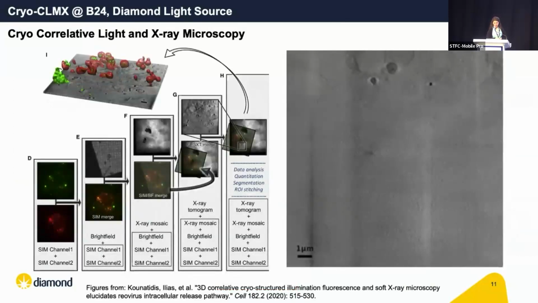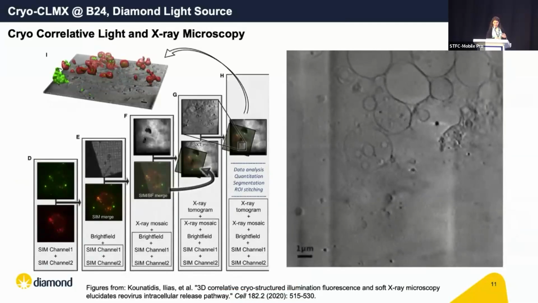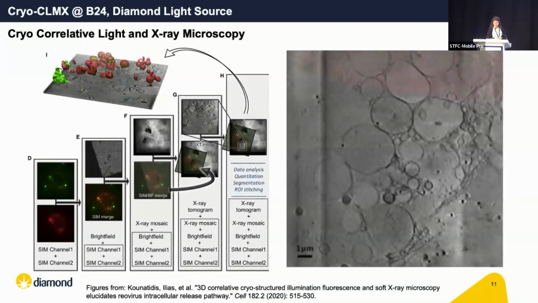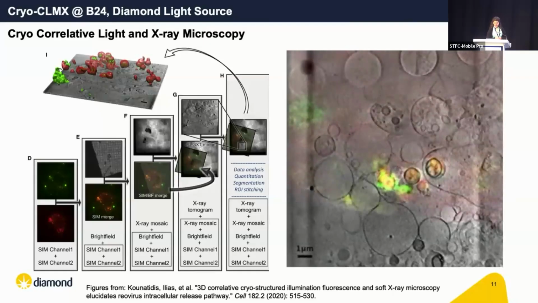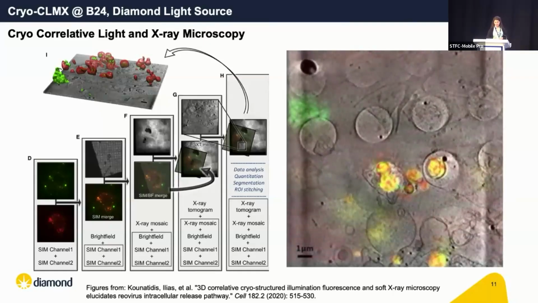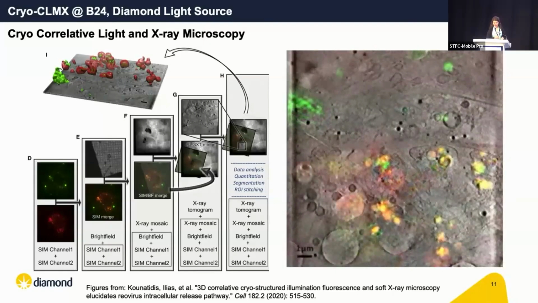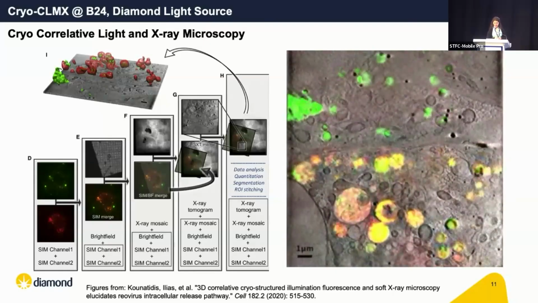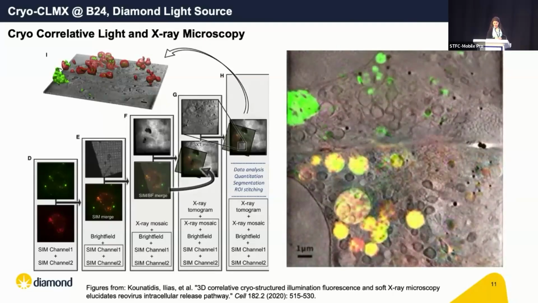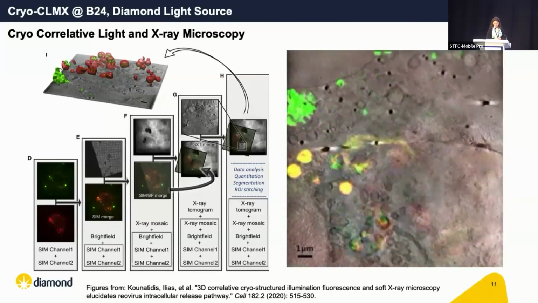Afterwards, we can provide support to users to perform the correlation between soft X-ray and the fluorescence data coming from the cryo-SIM microscope, correlating the location of specific organelles with the fluorescent signal that has been applied to the organelle itself.